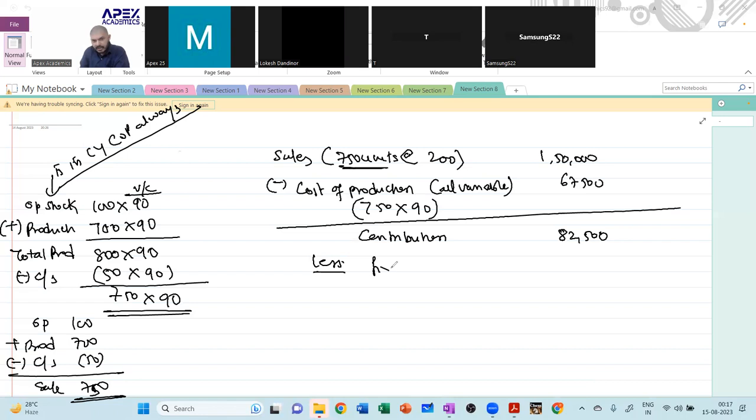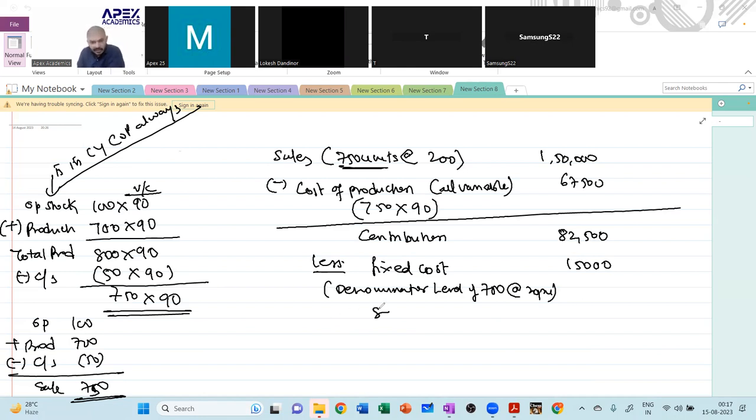Now, out of this, what do I have to subtract? I will subtract the fixed cost. What is my fixed cost? 15,000. Why is my fixed cost 15,000? Because I have a denominator level of 750 at the rate of 20 per unit. So that is why it is this much.